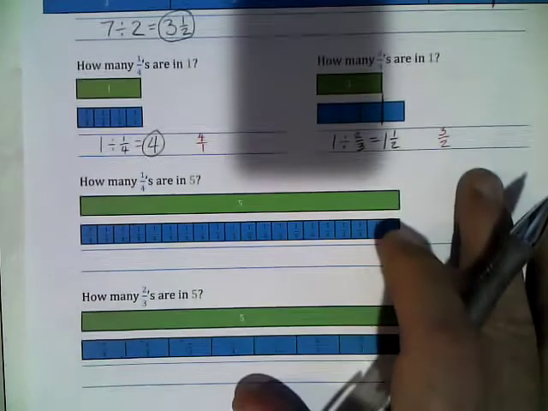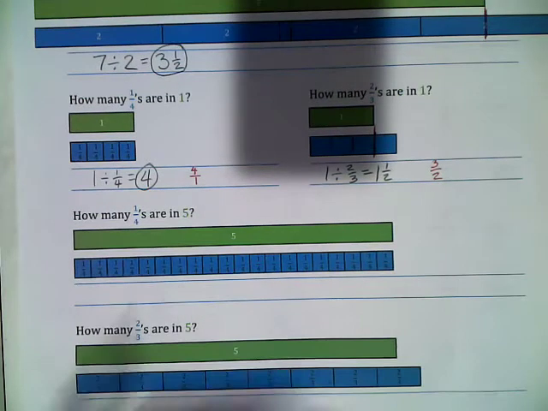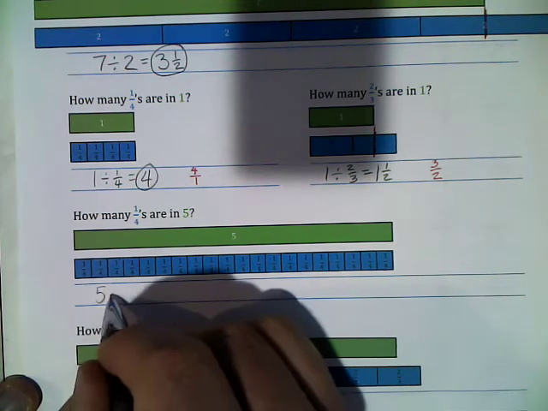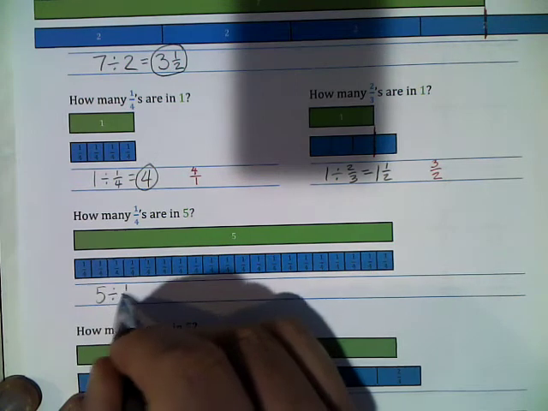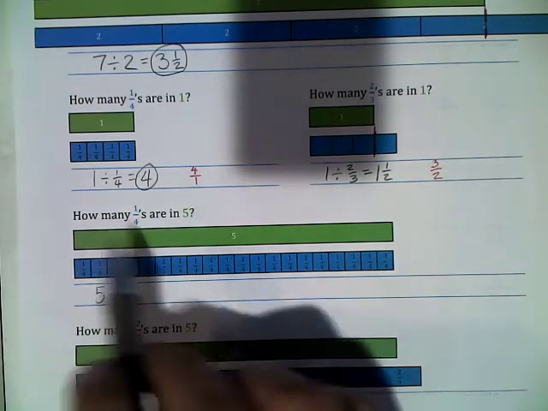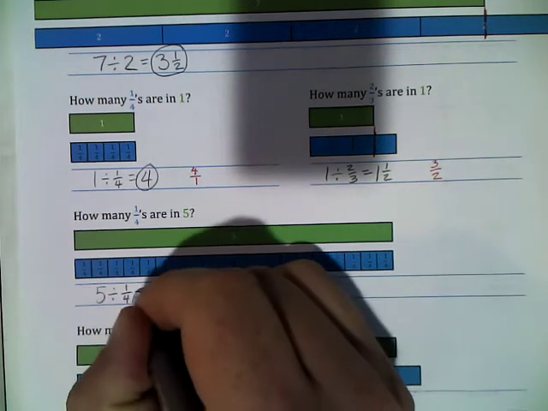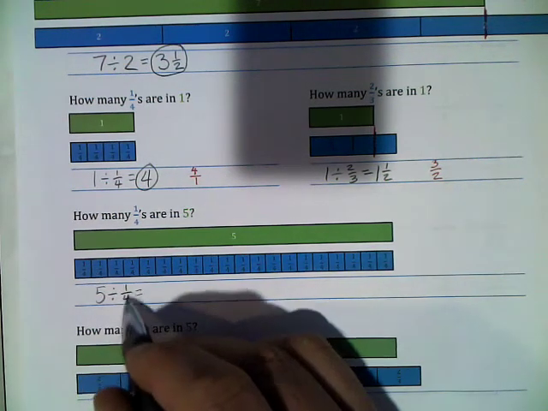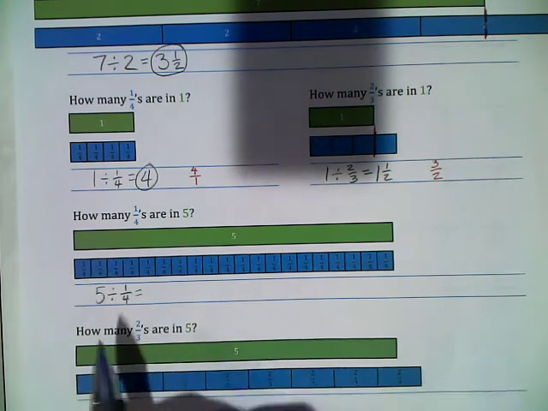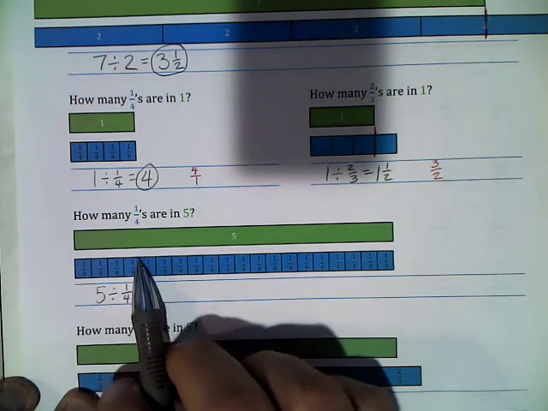So, ladies and gentlemen, down here, if I ask you how many 1/4 are in 5, you could measure this out and make a diagram, or we could take advantage of what we just discovered. We know that there will be the reciprocal. If this was 1, it would be the reciprocal of 1/4. Well, here's 1 right here.